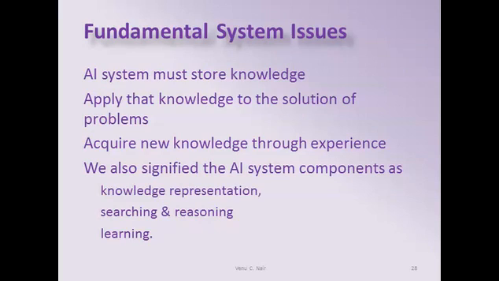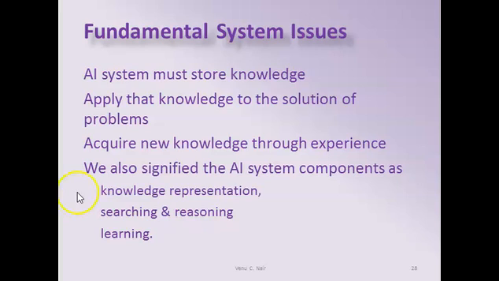We have seen some fundamental system issues before. That is, an AI system must store knowledge because we are using the knowledge for solving problems, and this knowledge has to be applied to find the solution of problems, and we have to update this knowledge either by adding new knowledge or updating the existing knowledge with the new knowledge. It is acquired through experience.